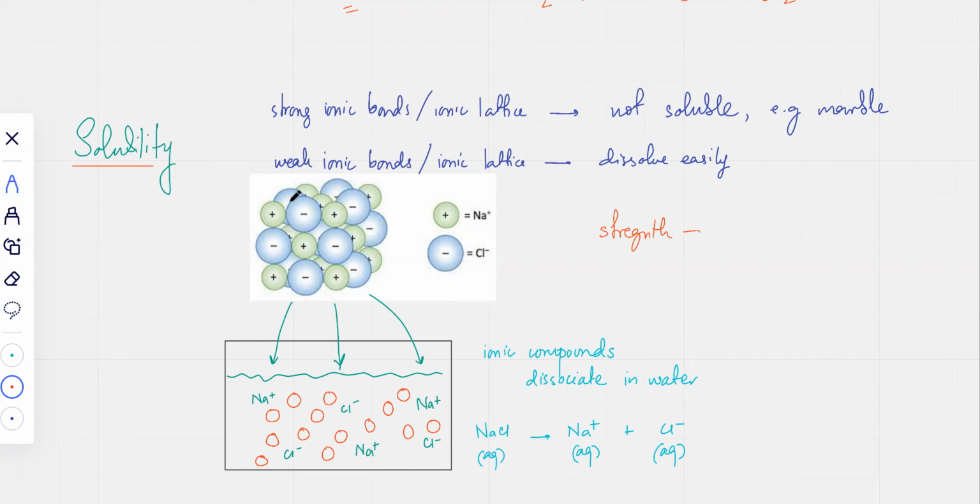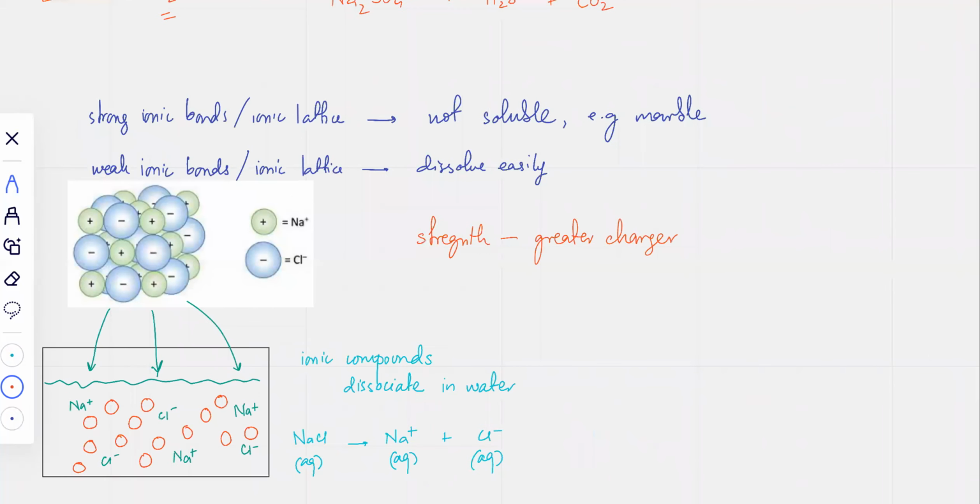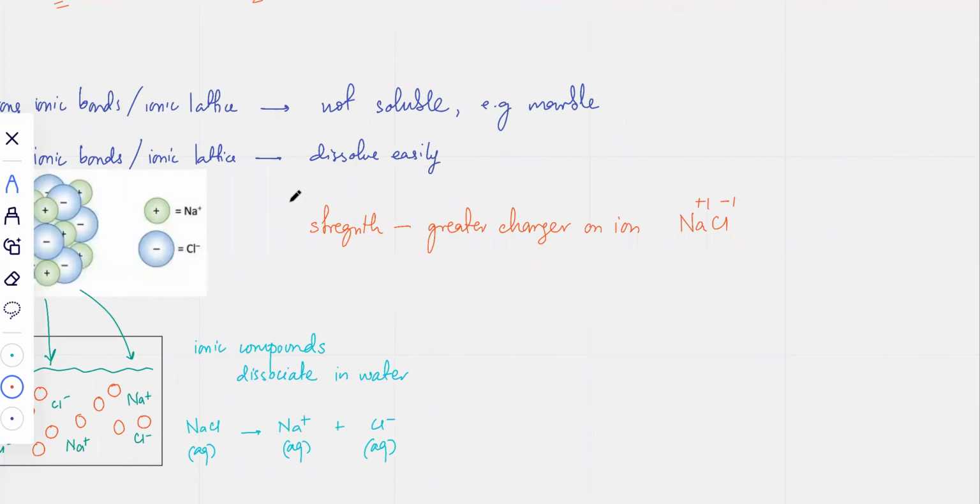If you have greater charge on the ions, then there will be a greater force of attraction. For example, NaCl is a weak lattice. Why? Because it has sodium ions and Cl ions, but the +1 and -1 don't have a lot of attraction. But something like MgO, where the charge is +2 and -2.